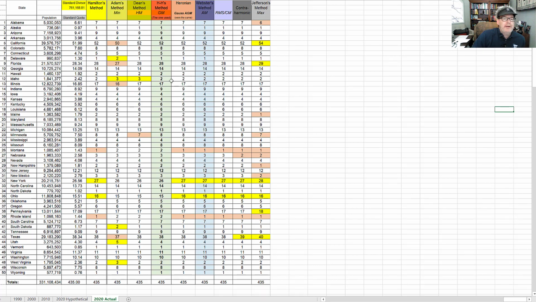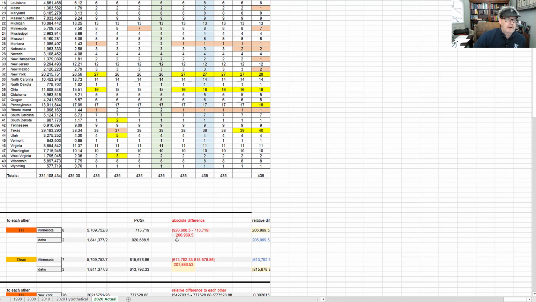We'll start with Idaho and Minnesota and compare Dean's method versus Huntington Hill, because they're the same everywhere else for all the other states, but they're only different in Idaho and Minnesota. With Huntington Hill, Idaho gets 2, with Dean, Idaho gets 3, and Minnesota gets 8 with Huntington Hill, and Minnesota gets 7 with Dean, running by the harmonic mean.